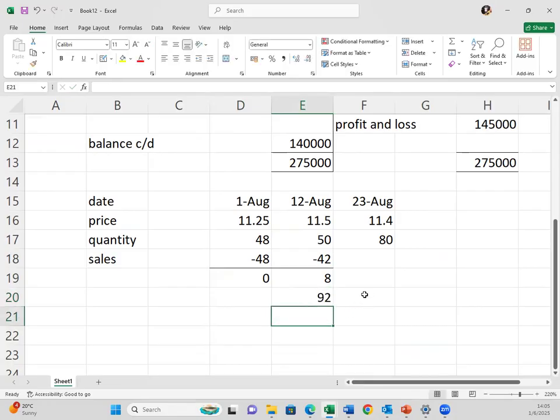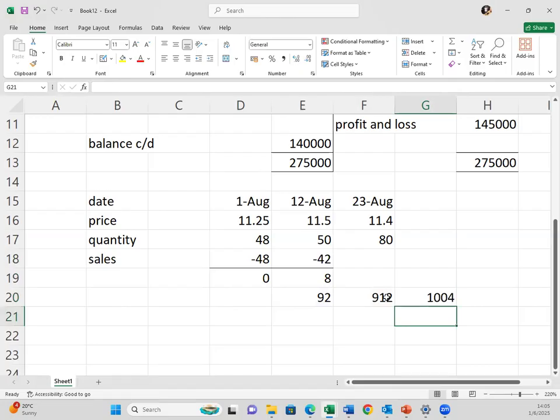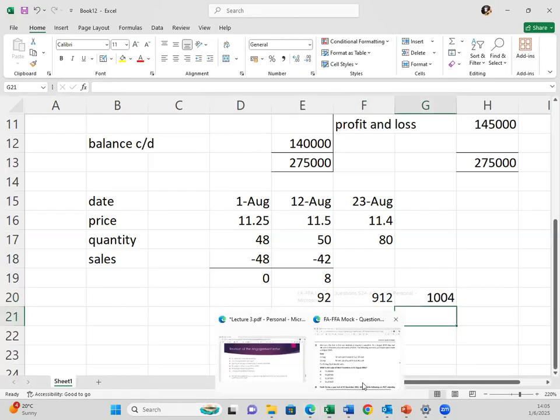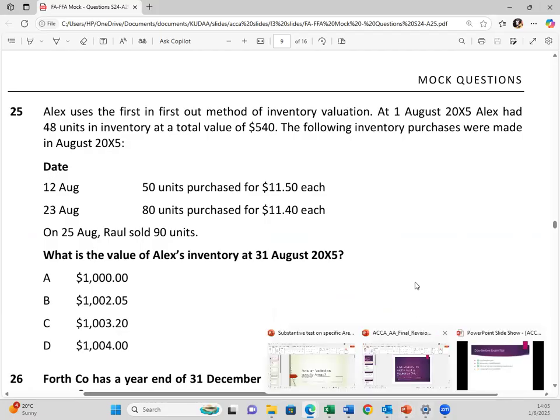Then we also have 80 units that are valued at 1140. So overall, the value of our inventory is 1004. Do we have that on our answers? So that is B. So that's how we calculate our closing inventory using FIFO.